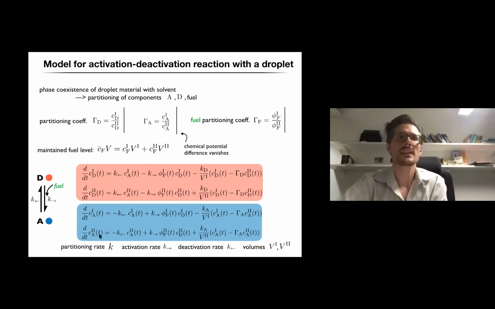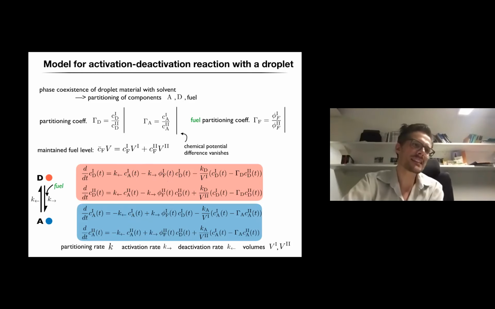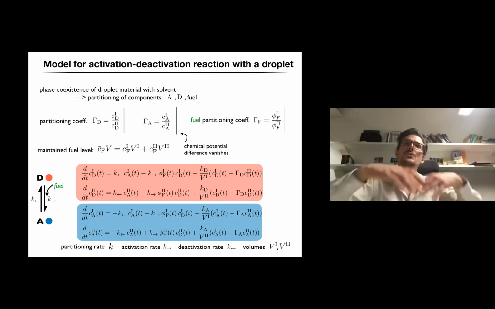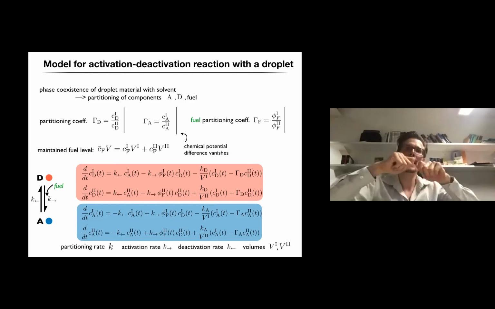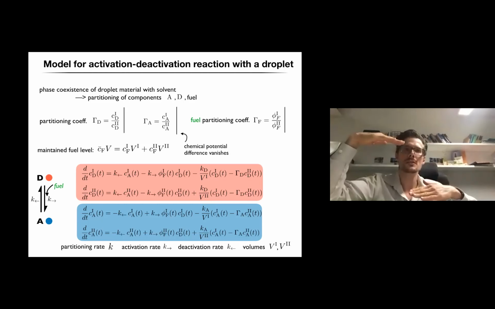So what's now the essential interesting new term? That's exactly this one here, okay? What do you see here, these brackets, right? They create a flux, and the flux is only 0 once the concentrations inside and outside are identical up to this partitioning coefficient. That's the case if you switch off the chemical reaction: then these would just equilibrate according to the partitioning coefficient.